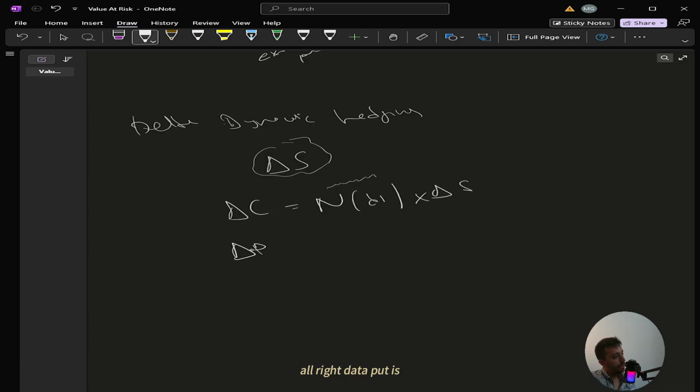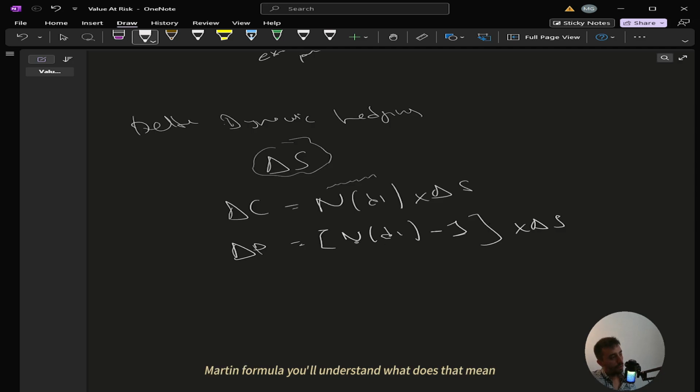Delta put is a little different: N(d1) minus 1 times delta spot, guys. If you're interested in the Black-Scholes-Merton formula, you'll understand what N(d1) minus 1 and N(d1) mean.